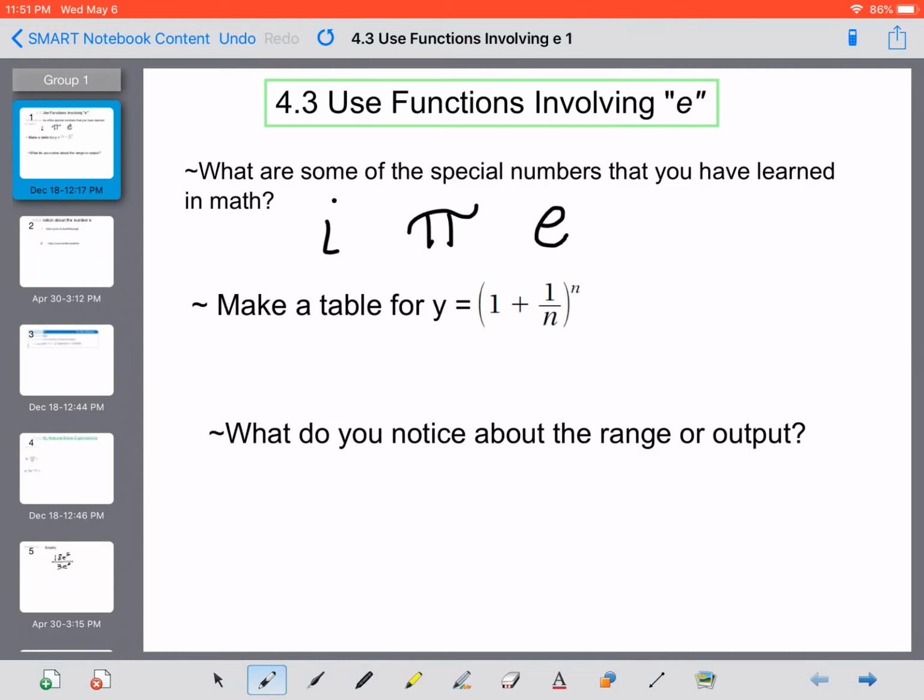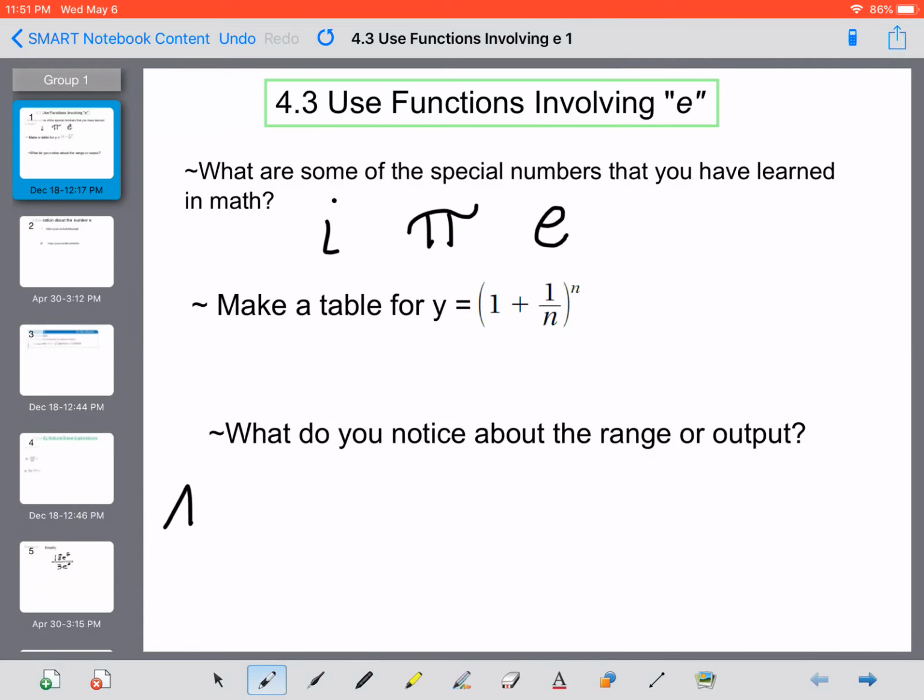If you were to enter the equation y equals (1 plus 1 over n) raised to the n power, or use x in place of n, and plug that into your table in your calculator, then you're going to notice something about the range of the output. The bigger that x gets as it approaches positive infinity, the output approaches a certain value.